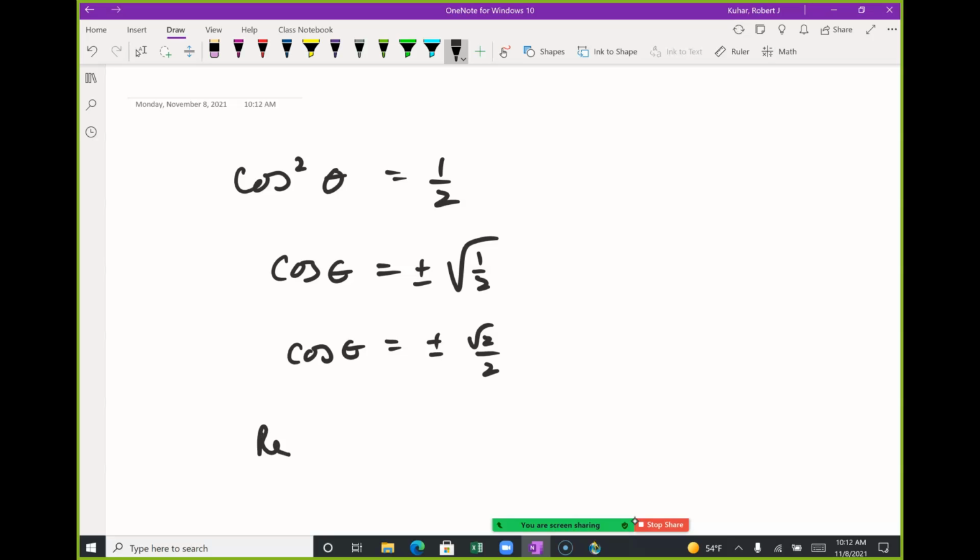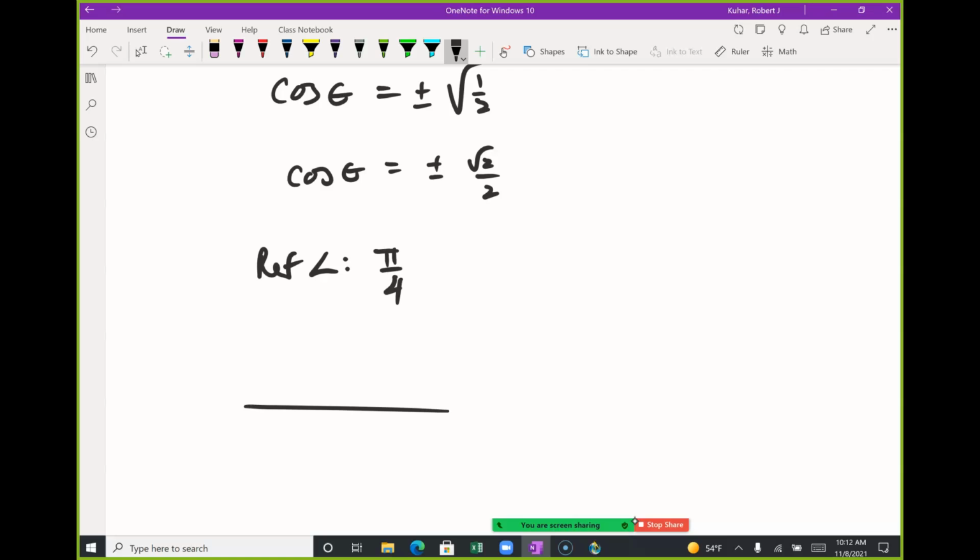The reference angle is pi over 4. So I know I'm cutting pi into 4, or the whole circle into 8. And I know I'm going to use all 4 of them because cos is either plus or minus rad 2 over 2 in each of these.